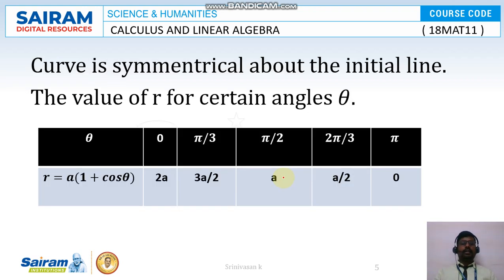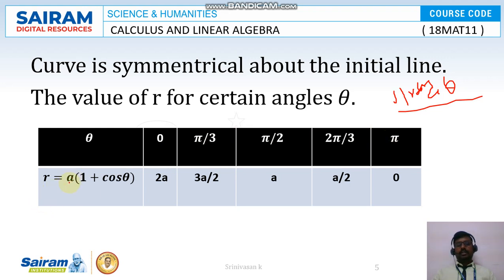Polar form means the formula is the double integral of r dr d theta. This is the formula for finding the area. So theta goes from 0 to pi, through pi by 3, pi by 2, 2 pi by 3 and pi.